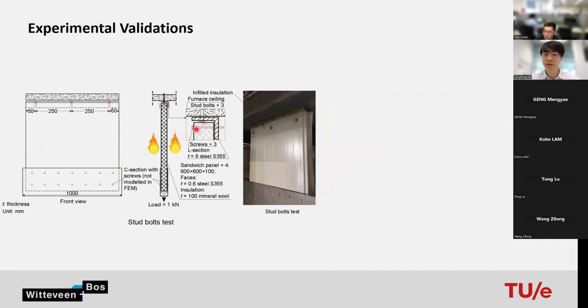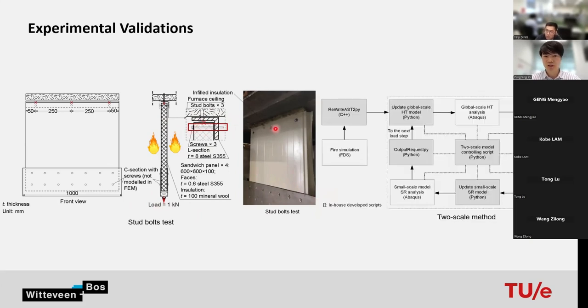I forgot to mention, we also have a 1 kilonewton dead load at the bottom of the center panel, and the screw connection failed during the fire test. And we would like to use the two-scale method to predict the failure of screw connections during the fire.